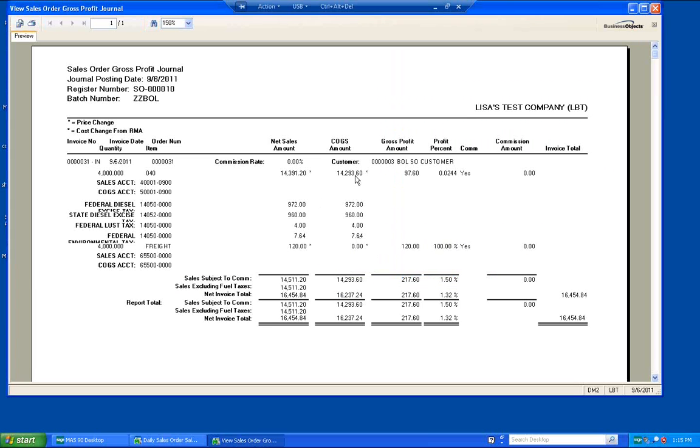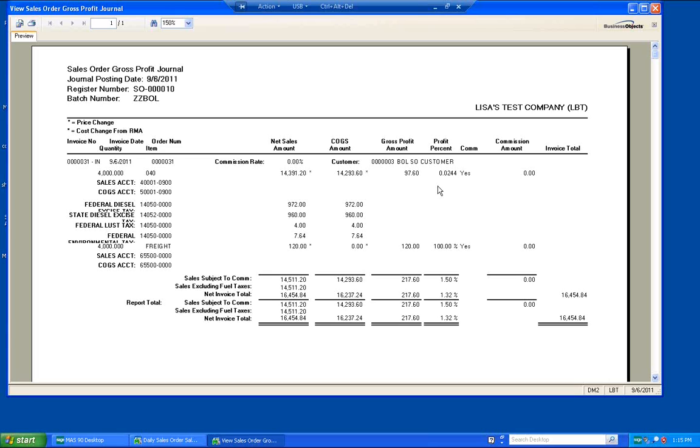At this point, he's checking this a little bit more carefully, and he sees, uh-oh, he has a wrong price here. This is the last chance he's got. And I think most consultants here at DM2 would agree with me, this is the single most important journal that anyone can ever print out.